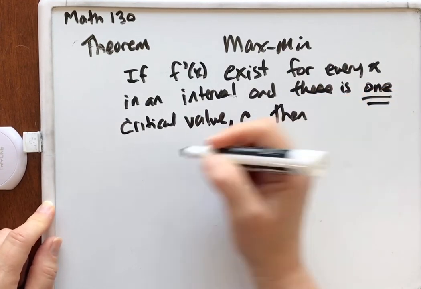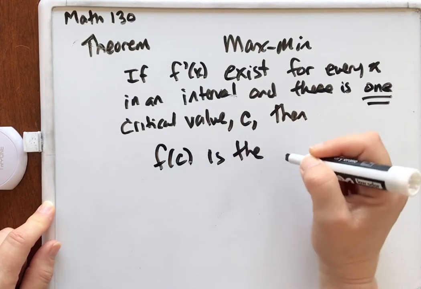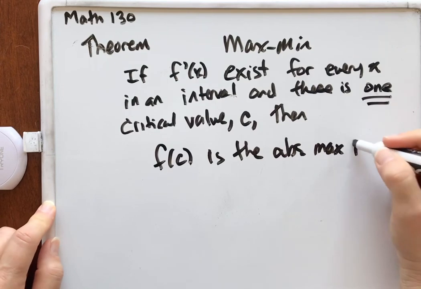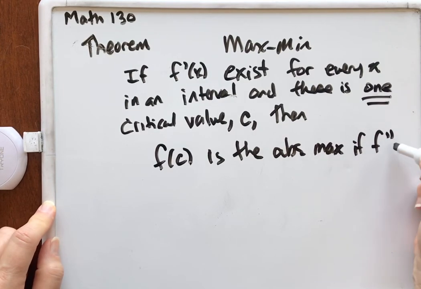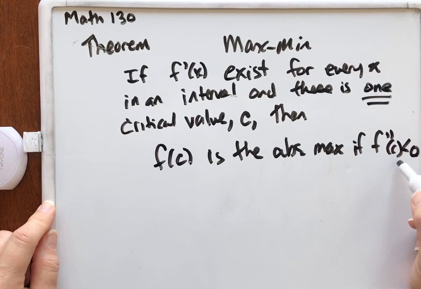Then f of C is the absolute max if f double prime of C is less than 0. And that makes sense. What do we know when f double prime of C is less than 0? We know that it is concaving down, right?